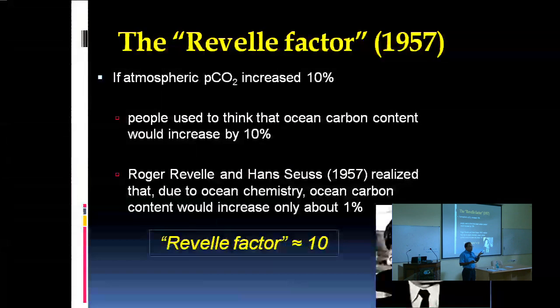So in equilibrium, if you increase this by 10%, you should be able to increase the other one also by 10%. But in reality, that's not going to happen. The ocean carbon content will increase by only 1% because of this buffering.